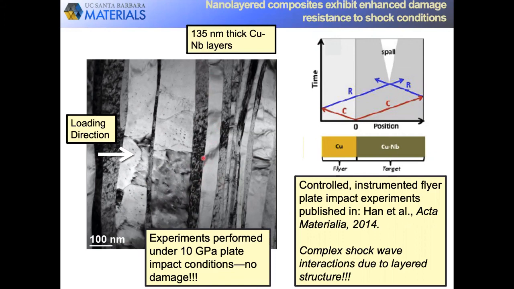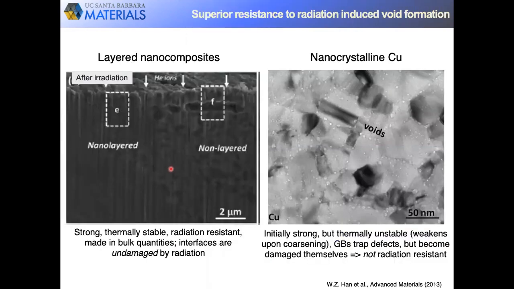And at higher velocities, higher than what we would impose on just copper and niobium alone, we do see voids forming, but the voids all formed within the copper and not in the niobium and not at the interfaces.